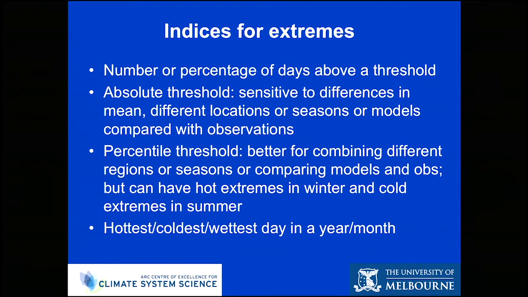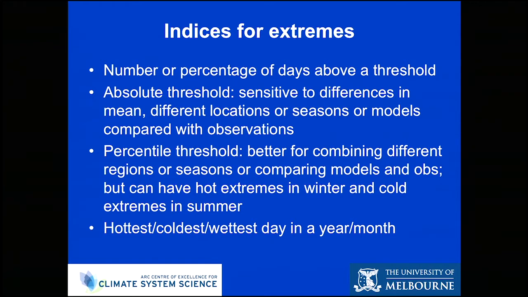But it could also be sensitive to the season. You're unlikely to get many days above 40 Celsius anywhere in Australia in winter. So that means instead of thinking about the number of days in the threshold representing the number of days in a year, it's actually typically, for absolute threshold indices, number of days in the summer or the warm season.